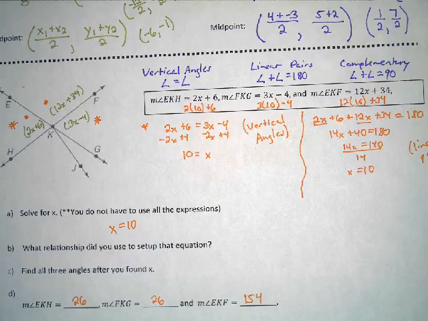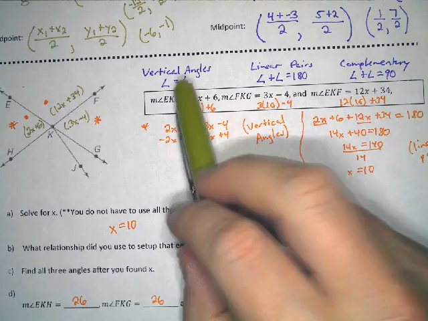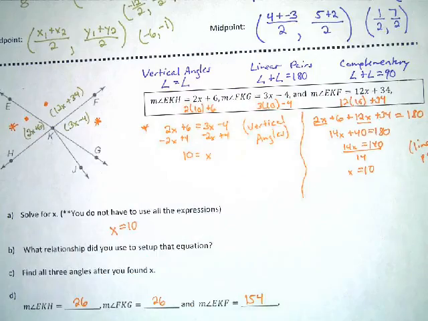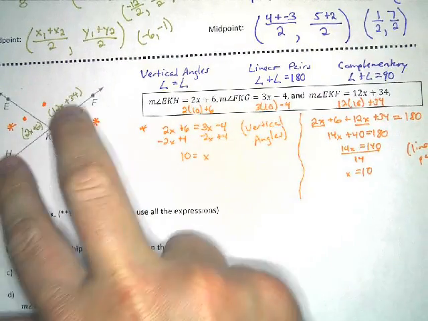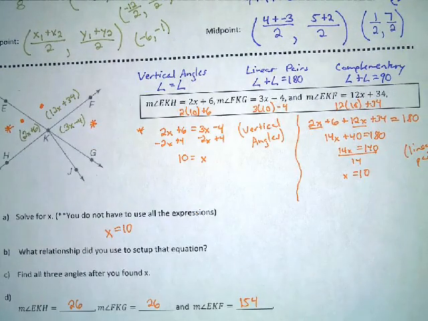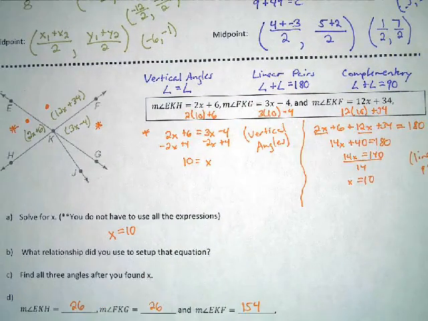So that is my reinforcement on angle relationships. Vertical angles, set them equal to each other. Those are your bow tie angles. Your linear pairs are two angles next to each other that make a straight angle. Straight angle is equal to 180, so angle plus angle equals 180.